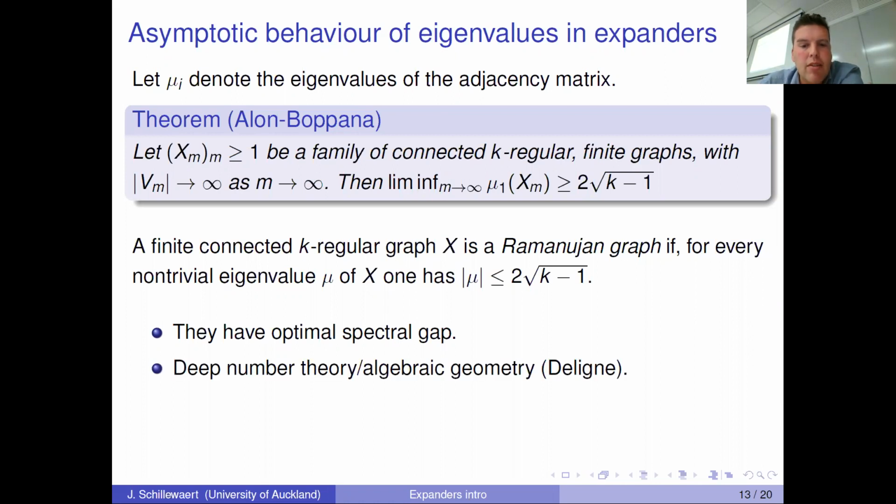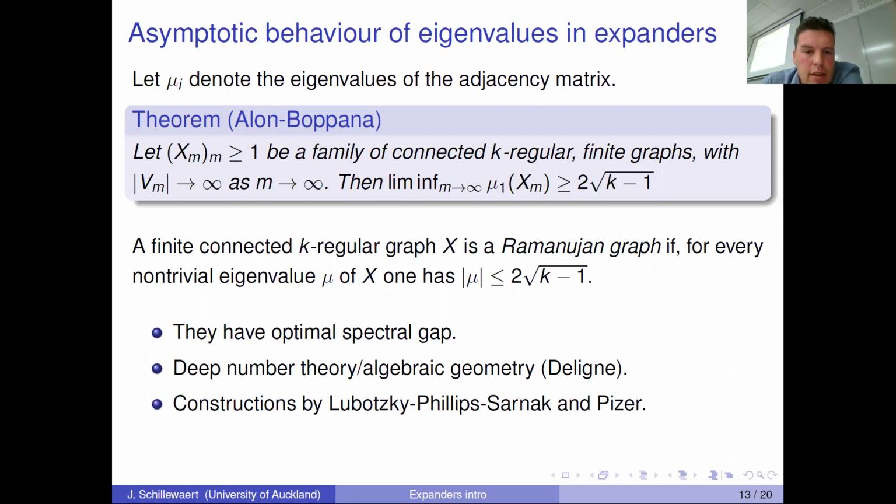Before, we already saw that this Margulis construction was already highly non-trivial with this Kazhdan T and all the rest, all these bells and whistles. Here it's yet another level of difficulty. It uses very deep number theory and algebraic geometry, which uses the very deep results by Pierre Deligne.